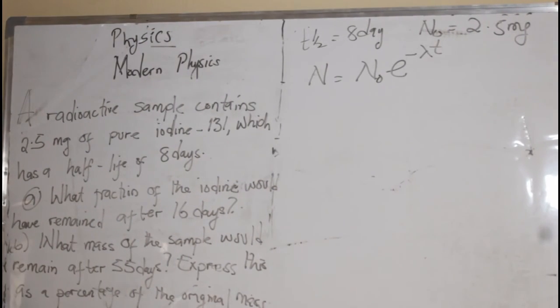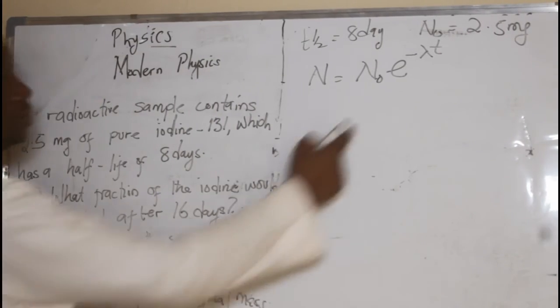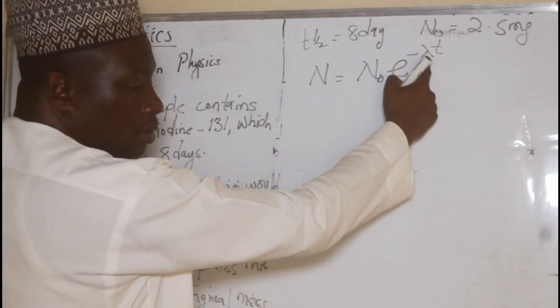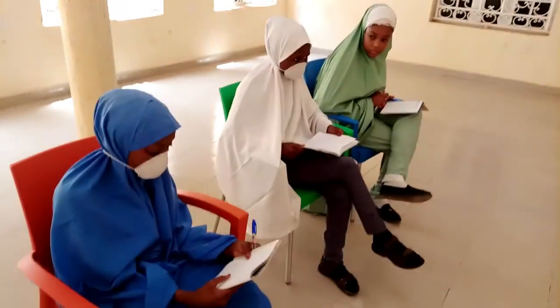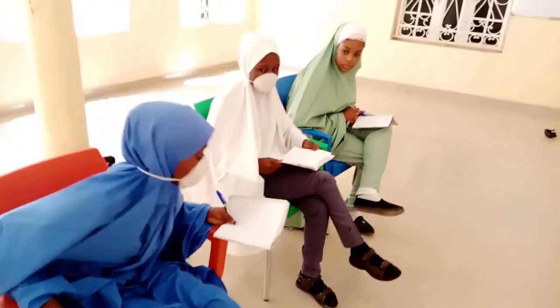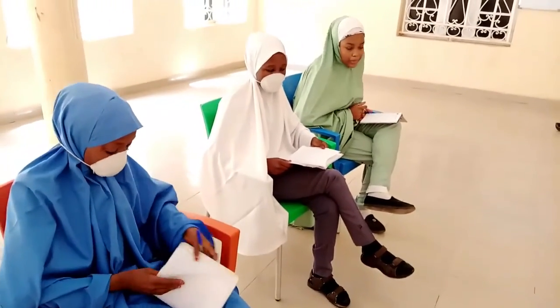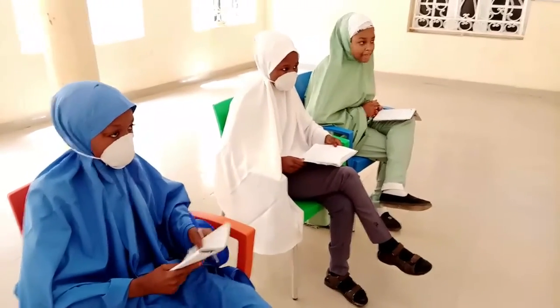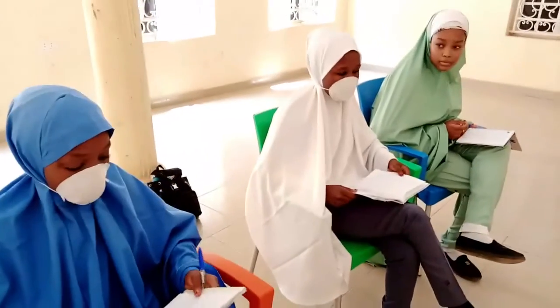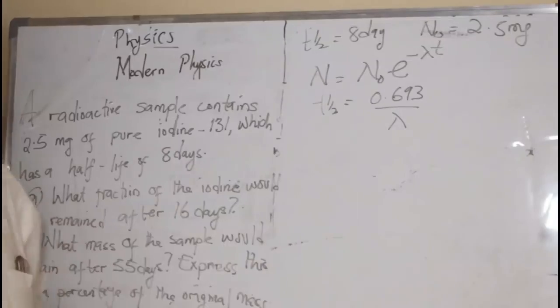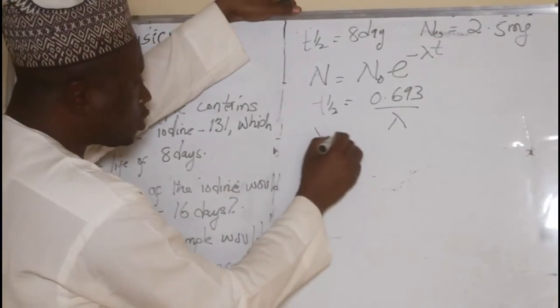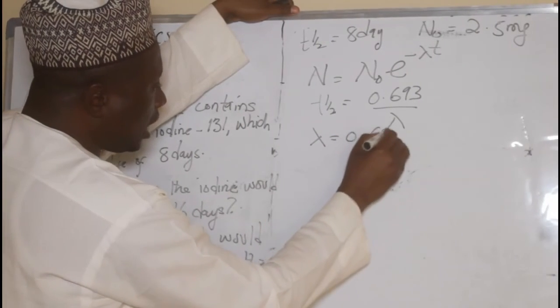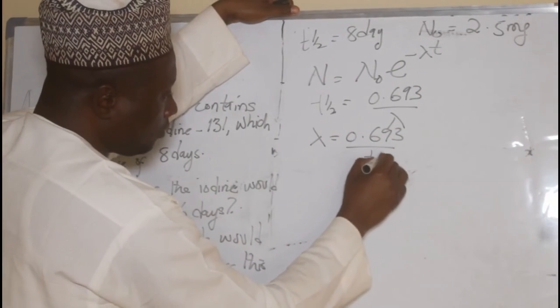But do you know lambda? We don't know lambda. But we know that T half equals 0.693 all over lambda. So lambda is going to be equal to 0.693 all over T half.